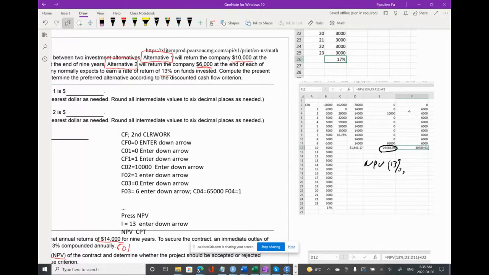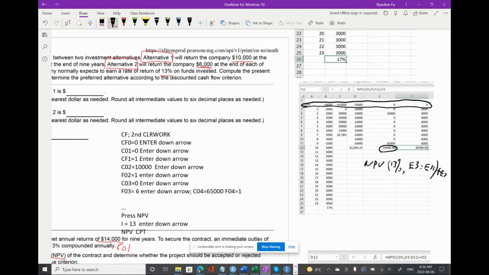This is the E column, so E3, not E2, E3 to E11, and then plus the initial CF0 in row 2, that is plus E2.